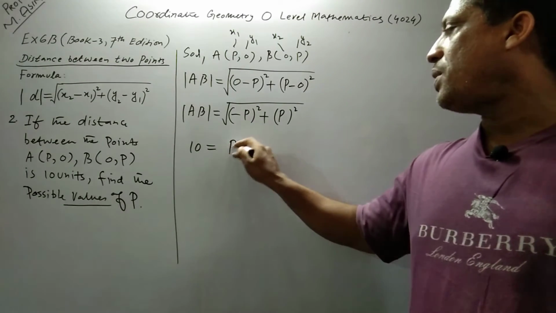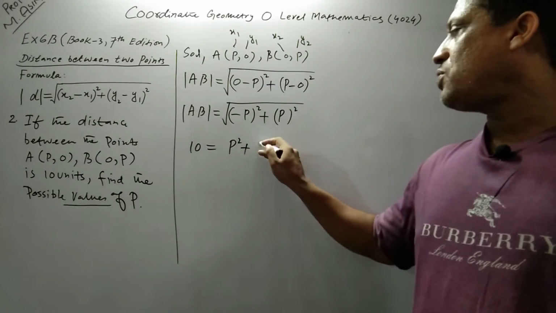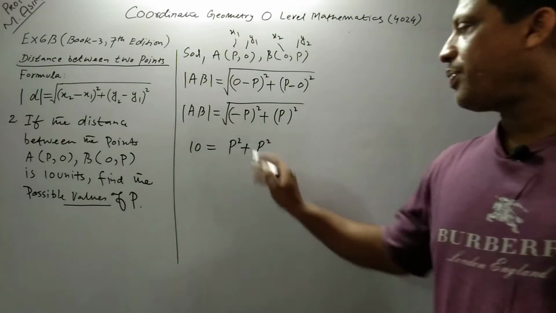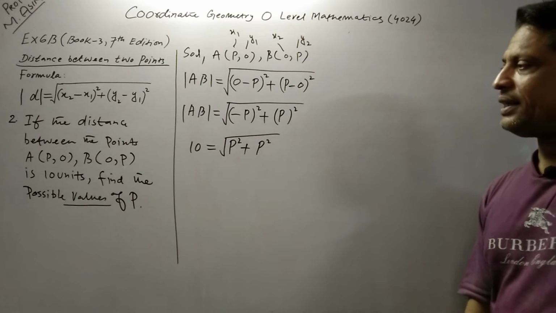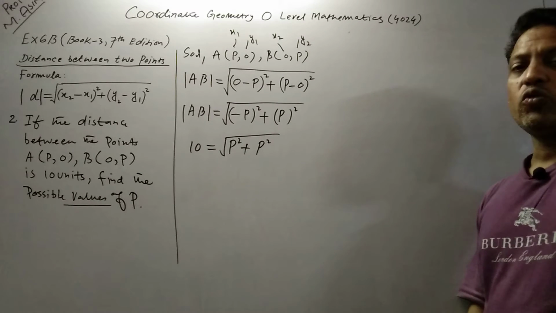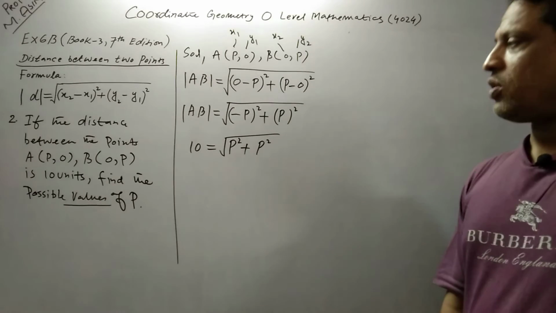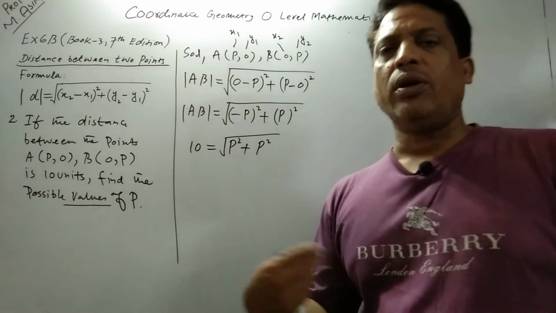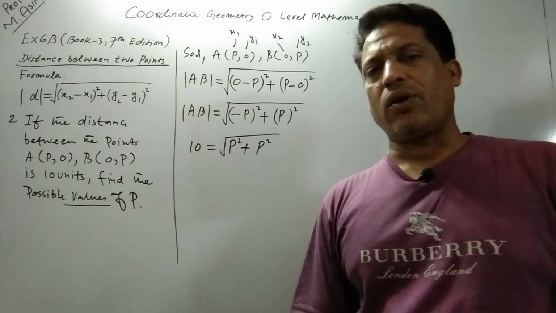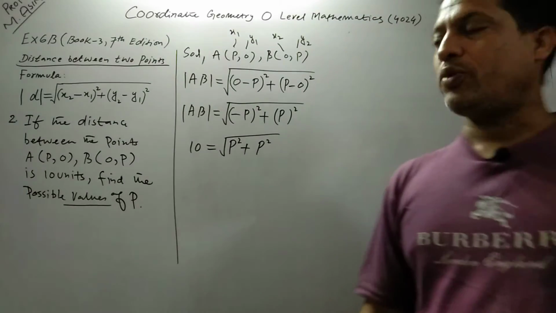Minus p square is p square, plus p square is p square. Apply the square on both sides, because we want to eliminate this square root, and the only method to eliminate the square root is to take squaring on both sides.